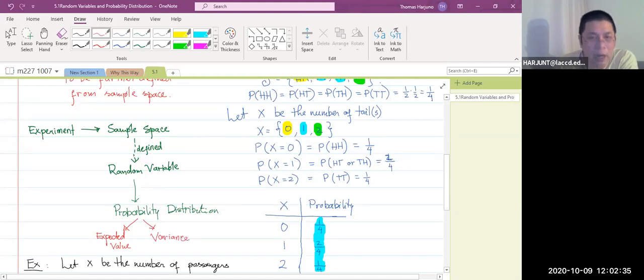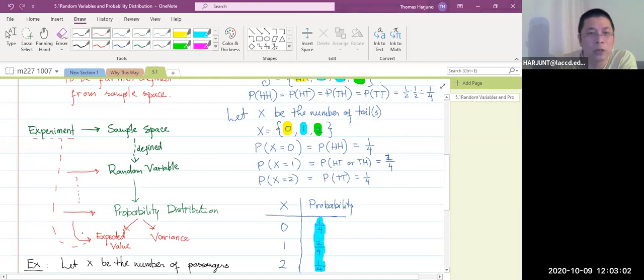Okay. Now in my test, I have questions where I give you the probability distribution, and then you find the expected value and the variance. There are also some questions where I give you the random variable and you develop the probability distribution yourself. I also have questions that start from the experiment. I tell you the experiment and you need to go through all of this yourself.